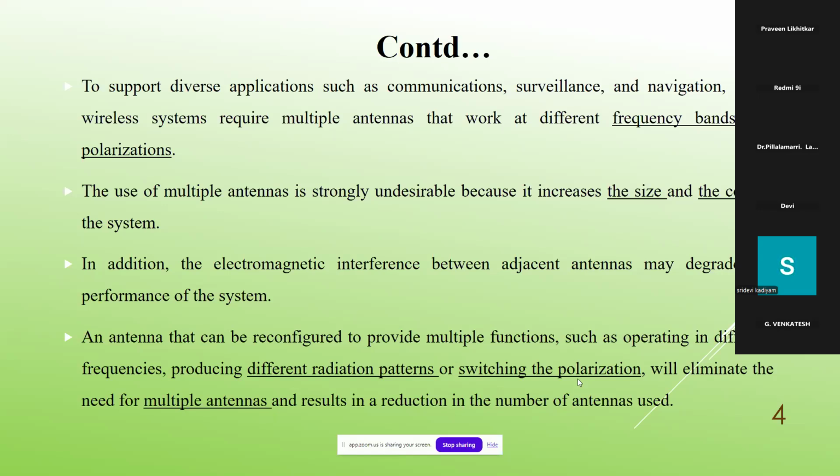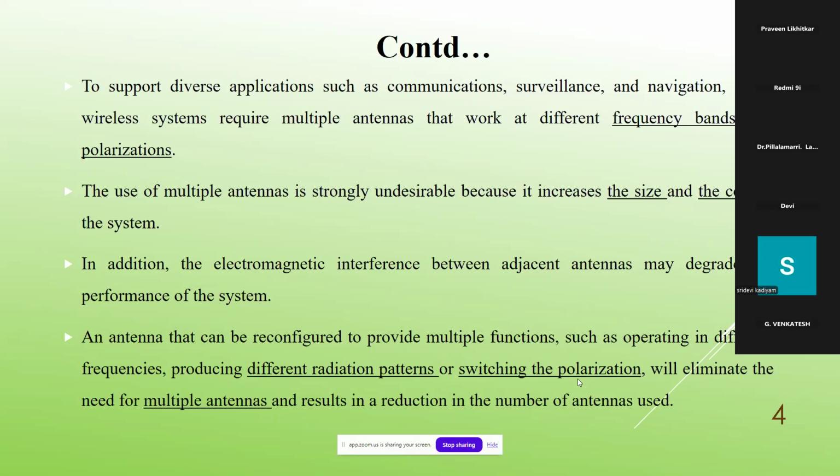An antenna that can be reconfigured to provide multiple functions, such as operating at different frequencies, producing different radiation patterns, or switching the polarization, will eliminate the need for multiple antennas and reduce the number of antennas.